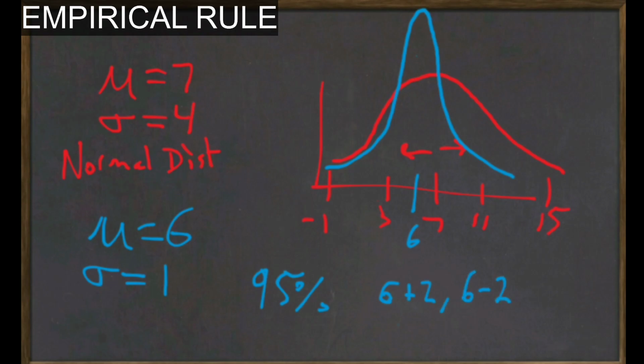Okay, so between 4 and 8, right? Between 4 and 8, it holds 95% of our observations. And so that's really what the empirical rule buys us: a way to describe where a lot of the data falls, and also a way to visualize how the data looks.